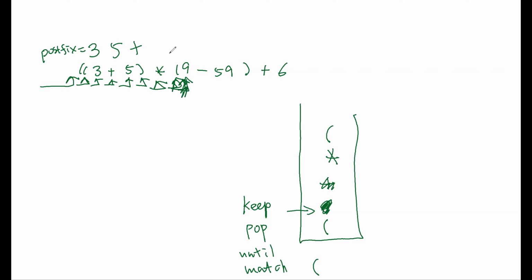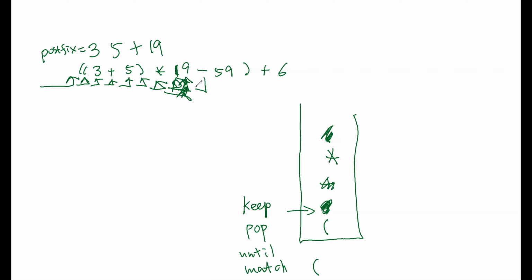I thought that was 19. Oh, yeah, you're right. I'm sorry, it should be 19. Thank you. 19, very good. After the multiply comes 19, and I append it to the postfix expression.